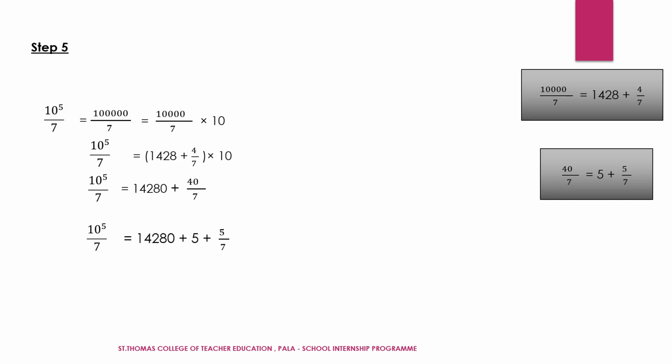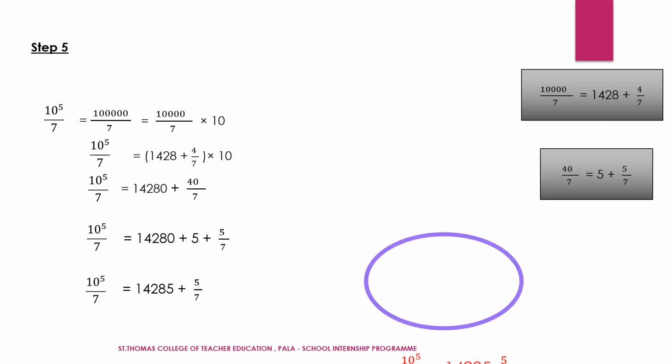All of you must do this on your own. And on adding, we get 14,285 plus 5 by 7. So we can write 10 raised to 5 by 7 equal to 14,285 5 by 7. Now you can tell me the next step very quickly.